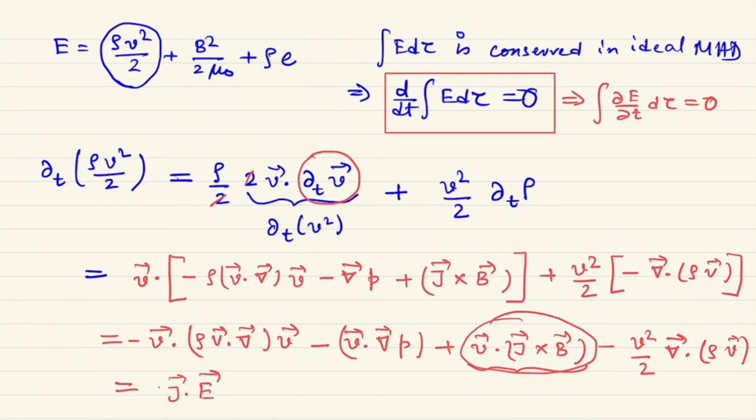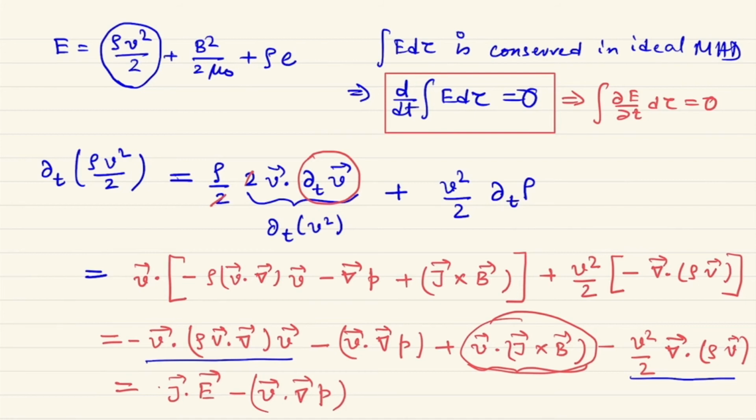Now what about for the others? These I write as it is, and what about these two? This one and this one, what to do with them? I mean, what we can do is that we will simply try to understand what this thing is.